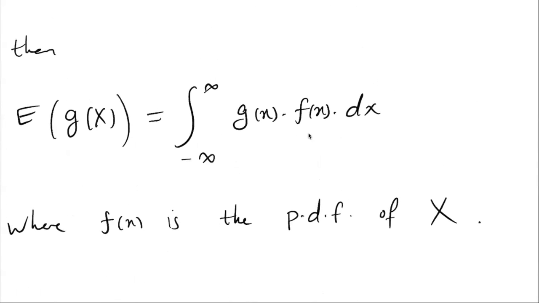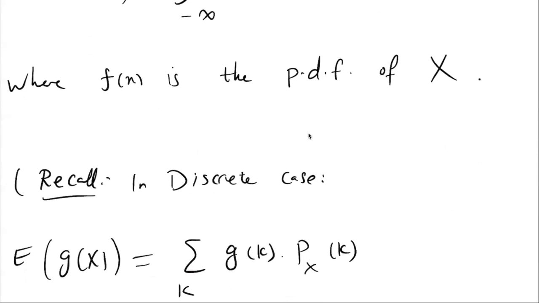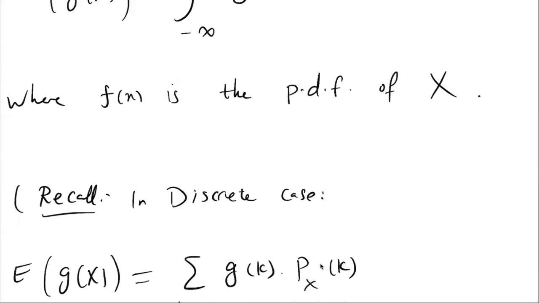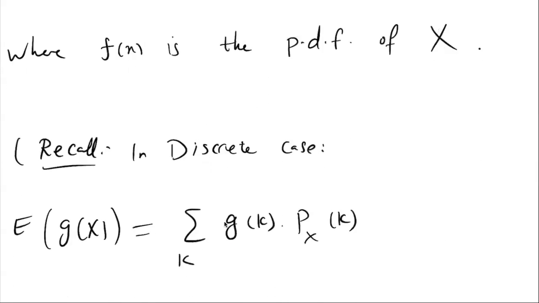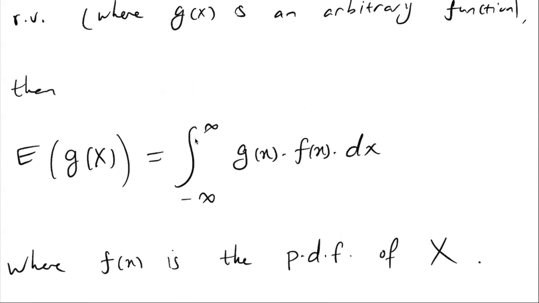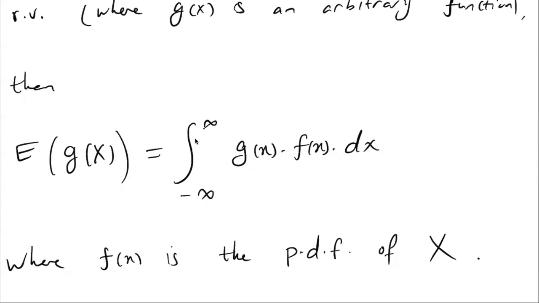Here we say g of x times f of x. So instead of PMF, we are dealing with PDF, and instead of sigma, we have to replace it by an integral.